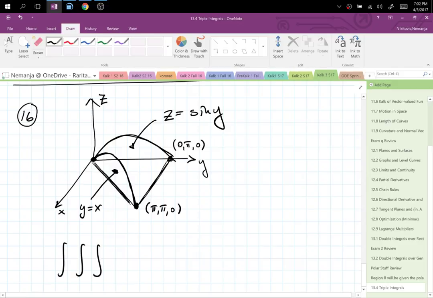You have to pick the order: dx, dy, dz, or dy, dz, dx, or dz, dy, dx, whatever works. Unfortunately, I can't zoom in, and Control plus doesn't work.